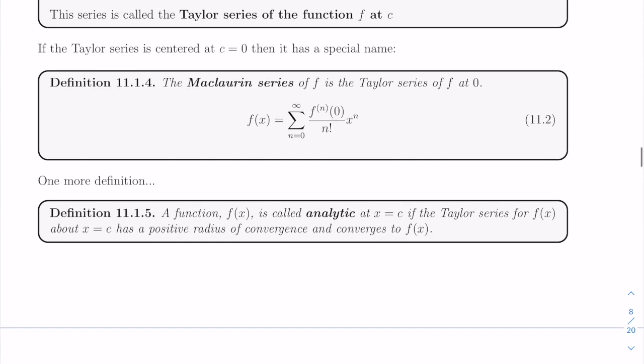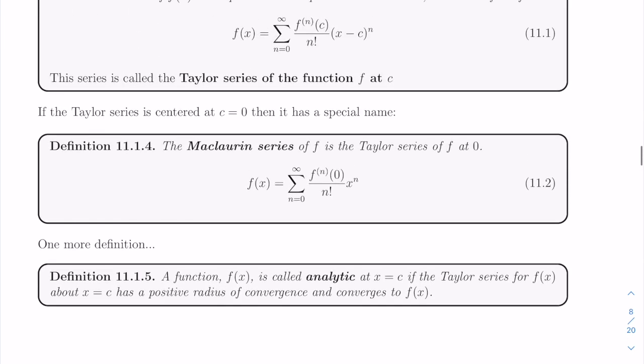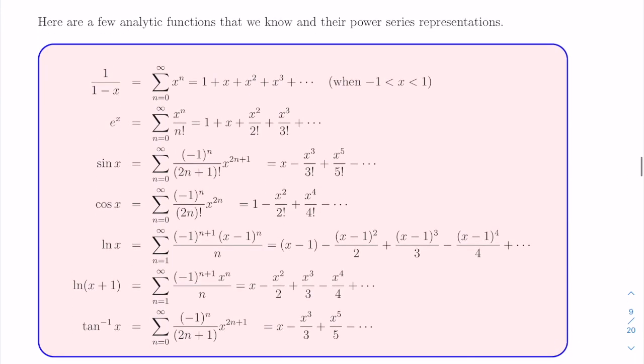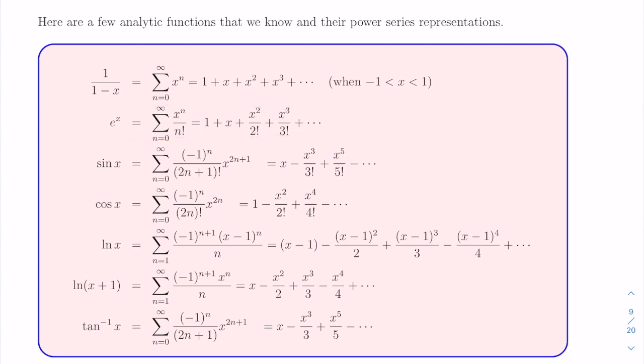So analytic functions do. And there is a list of Maclaurin or Taylor series that we should be vaguely familiar with. Here is a list of them. I gave them on the next page here. So e to the x is the common one. We definitely should know that one. Sine x and cos x are going to come up in short order here.